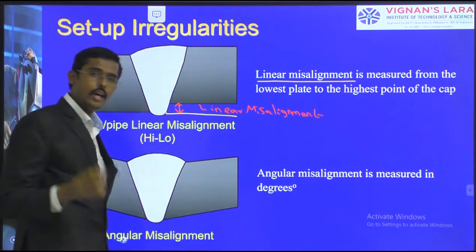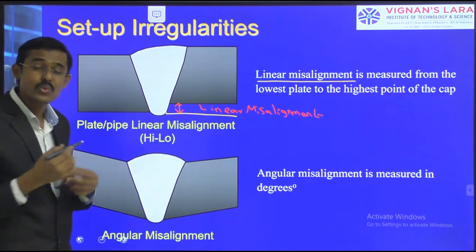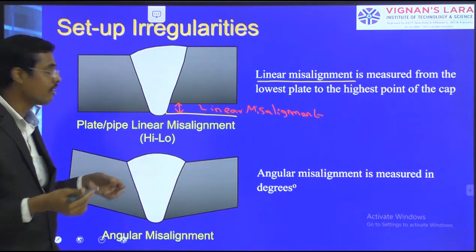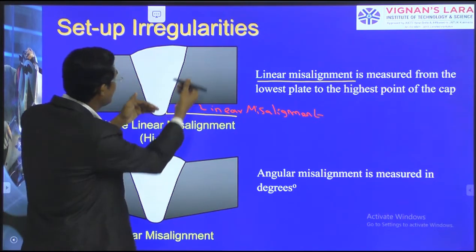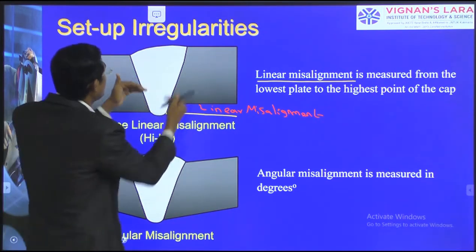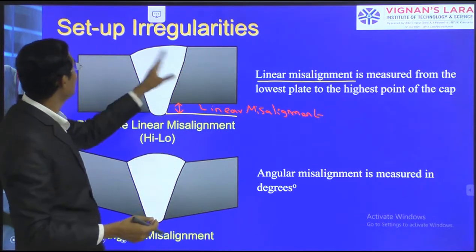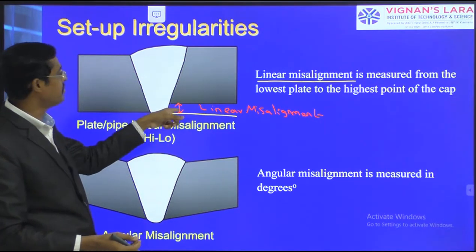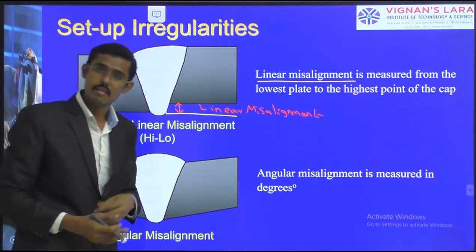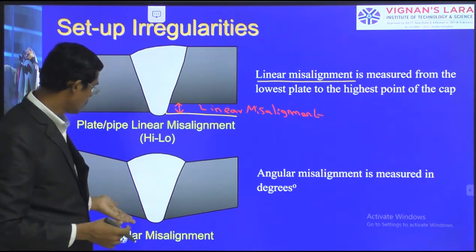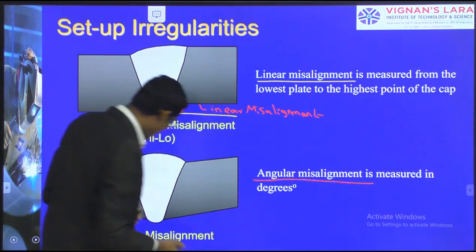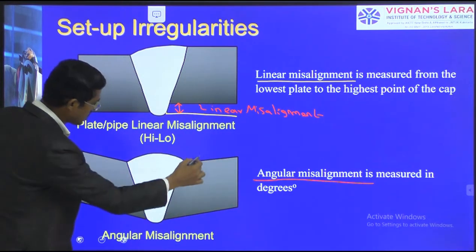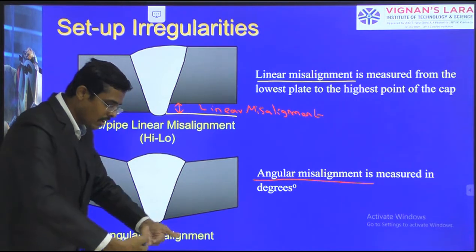Now, what are the other chances in the fitting process? The fitter will not fit uniformly like this, but due to his lethargy he is fitting in this way. But the welding is done, and here the misalignment happened. Similarly, angular misalignment may also be possible. You see angular misalignment, how the two workpieces are angularly not flat.